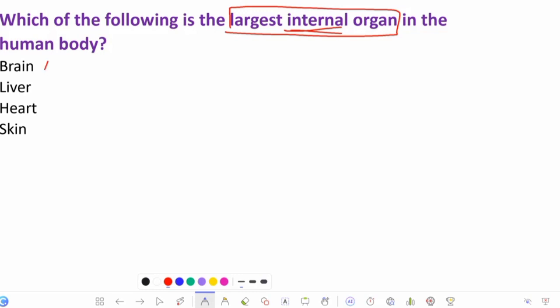Brain is not the largest, heart is not the largest, and skin, even if it is the largest, is not present inside the body. So liver is the largest internal organ in the human body.